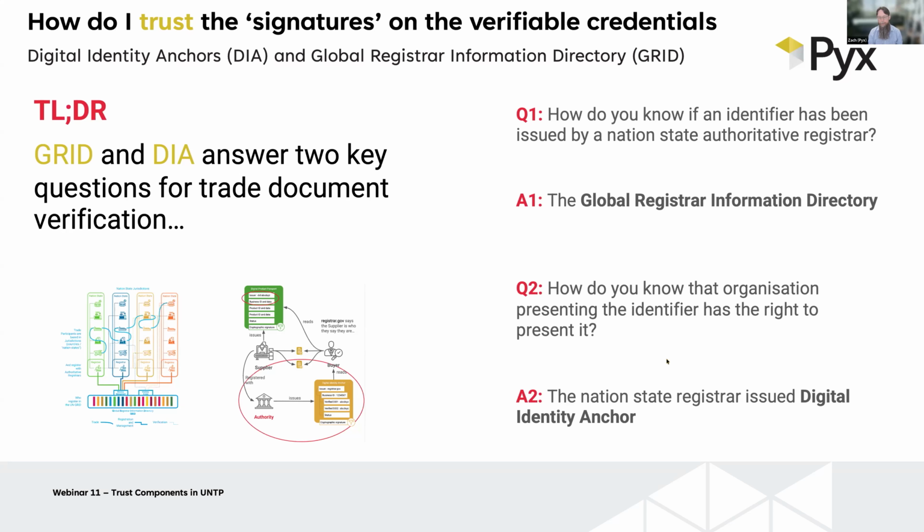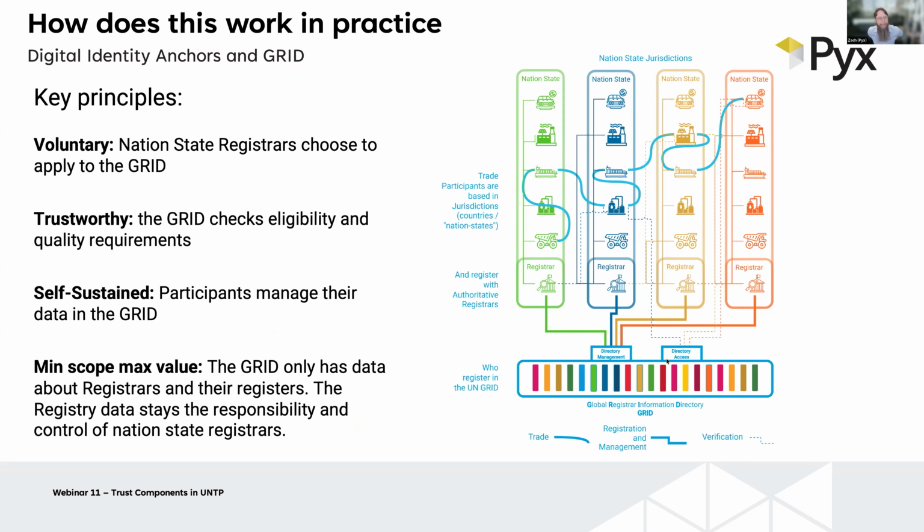Now, these are some pretty technical topics, and we'll go through them in more detail in a future webinar. But the core idea is we have a global ecosystem, a global registrar of trusted authorities, and then we have a digital identity anchor to pull through the data. So how does the GRID work in practice? The idea is that we'll have a global registrar information directory called GRID, and it's voluntary.